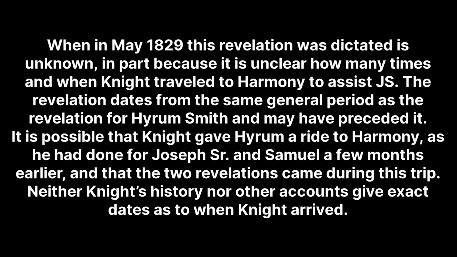Again, further to that, where I think it makes sense, it is possible that Knight gave Hyrum a ride to Harmony, as he had done for Joseph Smith Sr. and Samuel a few months earlier, and that the two revelations came during this trip. Neither Knight's history nor other accounts give exact dates as to when Knight arrived.